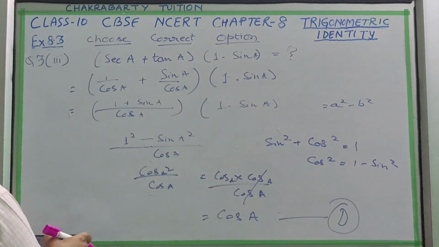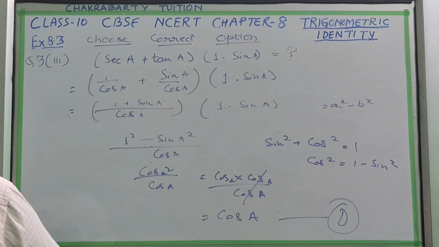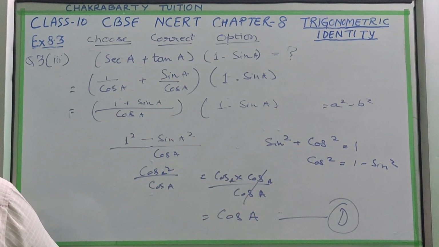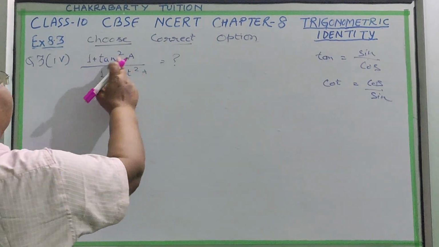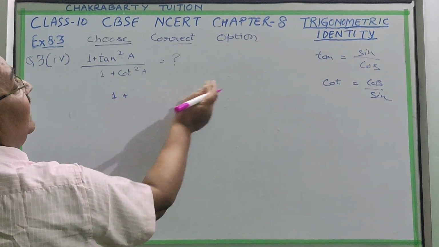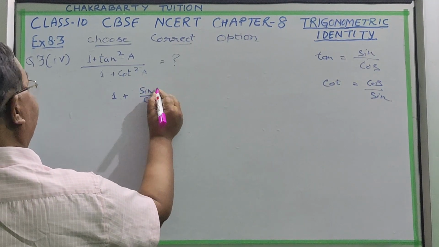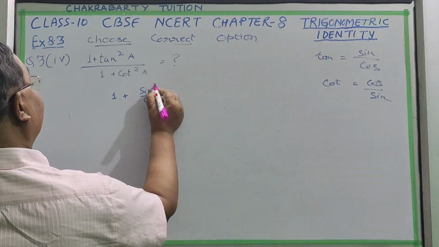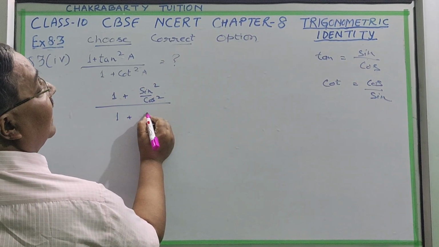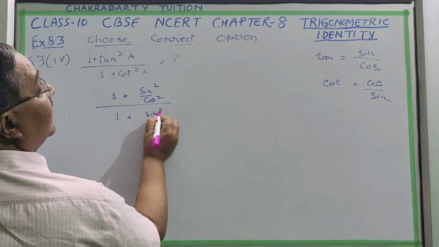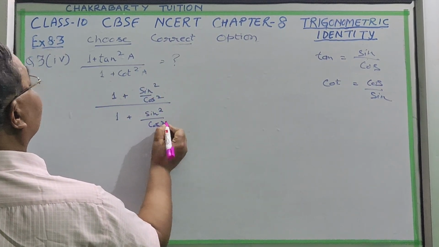So third is over now. Another question is there. So here we will use 1 plus tan, we can write as sin upon cos, and of course square is there, so here square will come. And cot we can write 1 plus sin square, because here square is there, so we will write here also square.